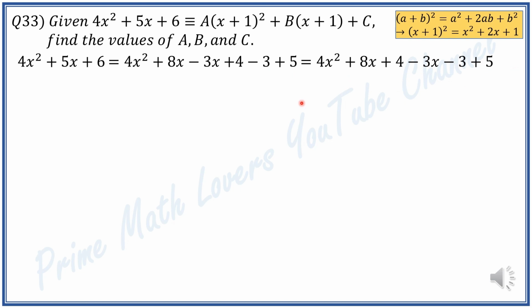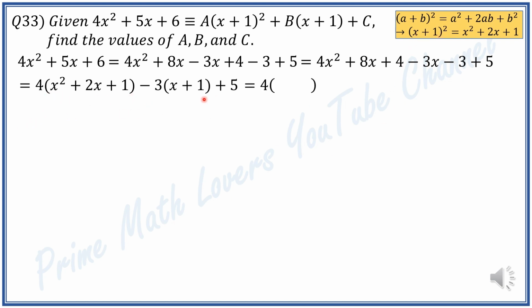Then I factor out 4 from the first three terms and negative 3 from these two terms. So I get 4 times x squared plus 2x plus 1 minus 3 times x plus 1 plus 5. Since x plus 1 squared is equal to x squared plus 2x plus 1, I can replace this with x plus 1 squared.